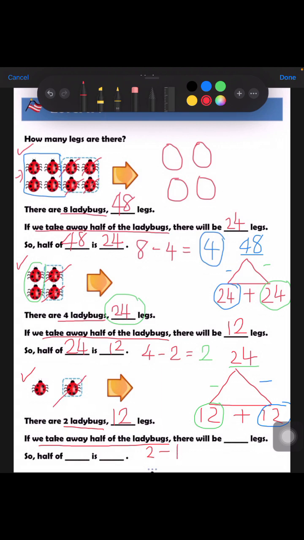Yes, 1 ladybug. So how many ladybugs will be left? Yes, 1. So there will be how many legs? Do you know? How many legs does 1 ladybug have? Yes, it's 6. So the half of 12 is 6.